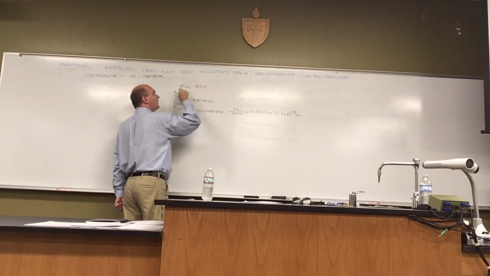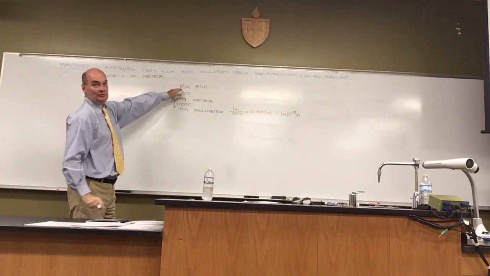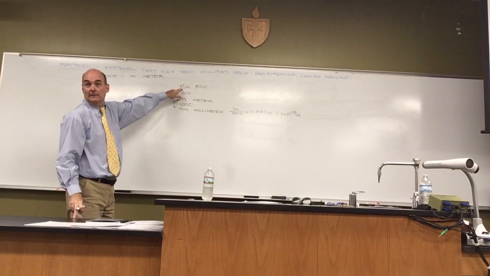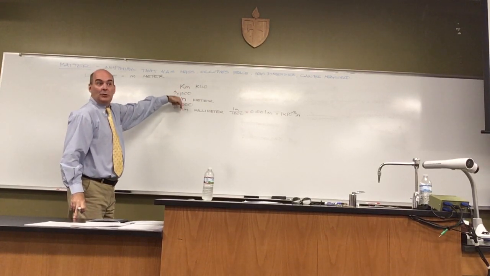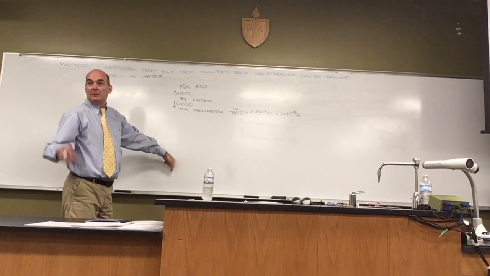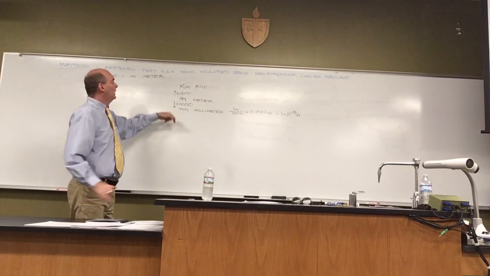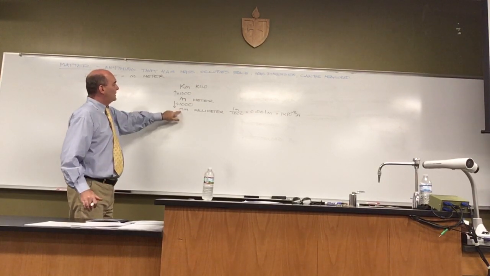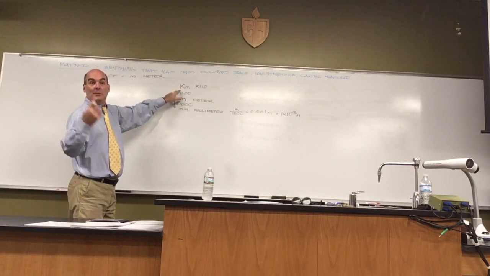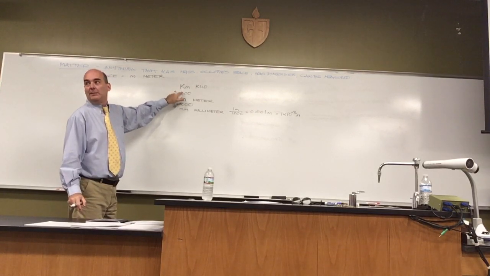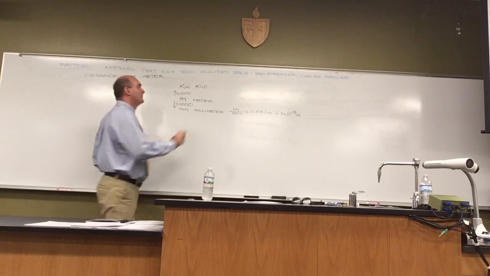And now that prefix right here is a capital. When you incrementally make them smaller by the thousands, those numbers are lowercase. When we make them larger by the thousand, that number goes up and becomes uppercase.